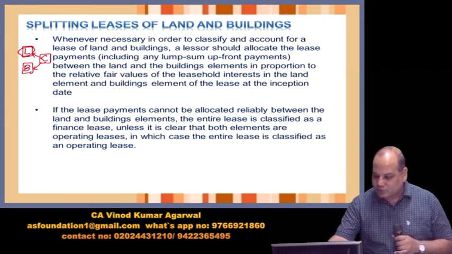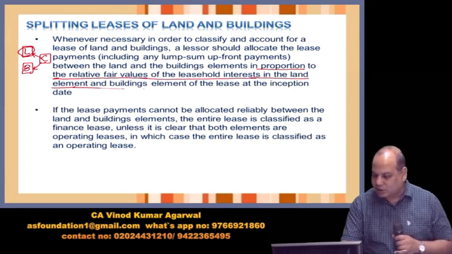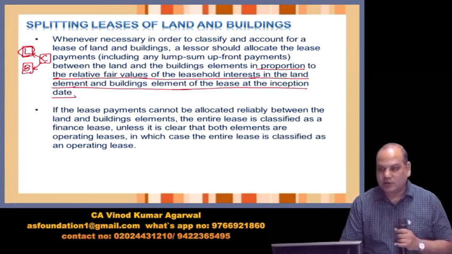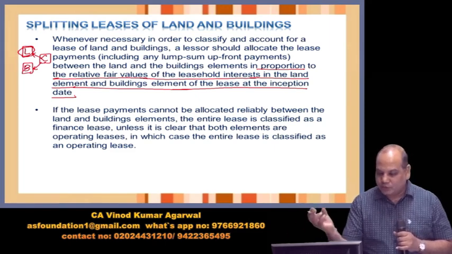The consideration will be allocated in the proportion of relative fair value of leasehold interest in the land element and building element of the lease at the inception date. So, according to fair value of leasehold interest in land element and fair value of leasehold interest in building element, both figures calculated on the inception date, in that ratio the consideration received will be allocated if you receive a common consideration for both.